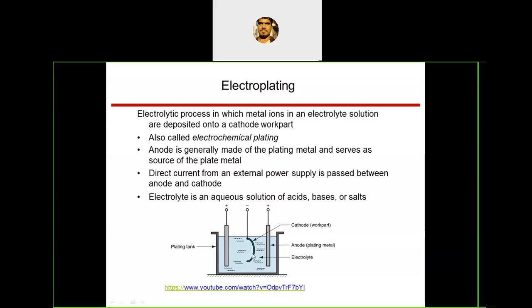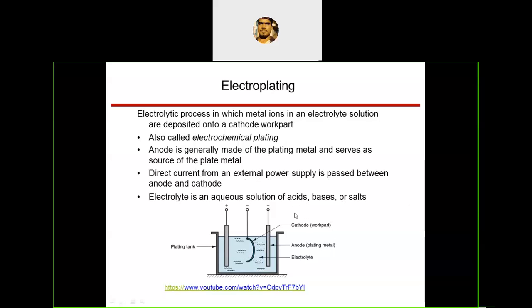But one drawback here is that we cannot control the film thickness when compared to CVD. In CVD we can control the thickness, but here we cannot. That is one drawback. Here direct current from an external power supply is used.